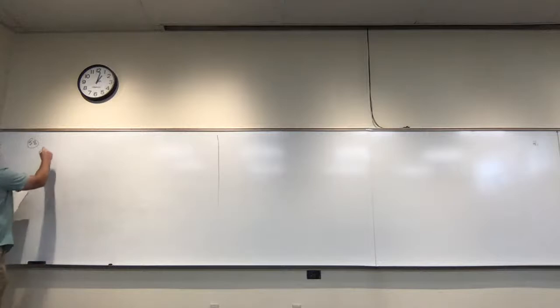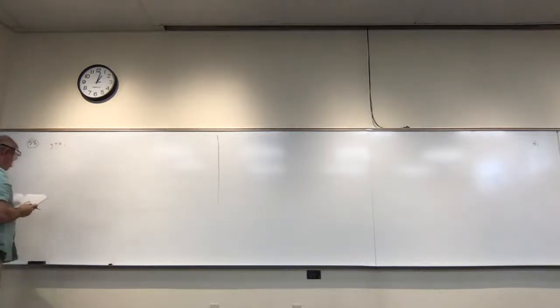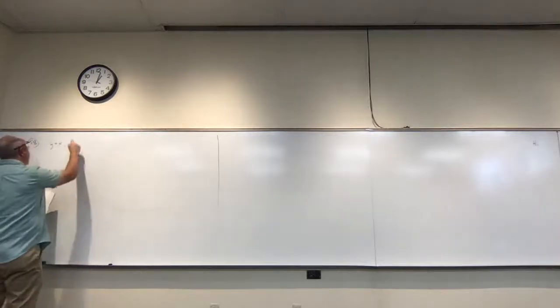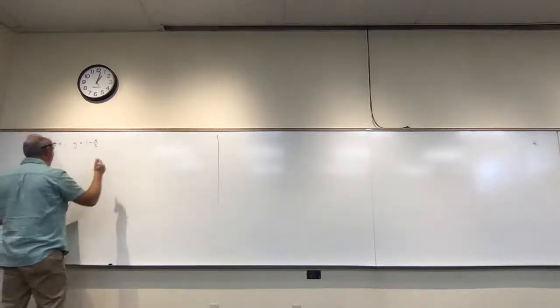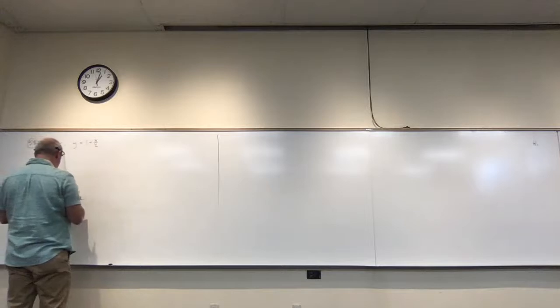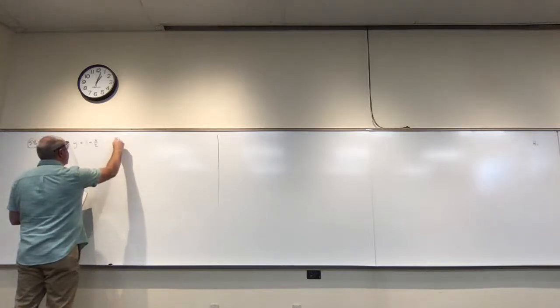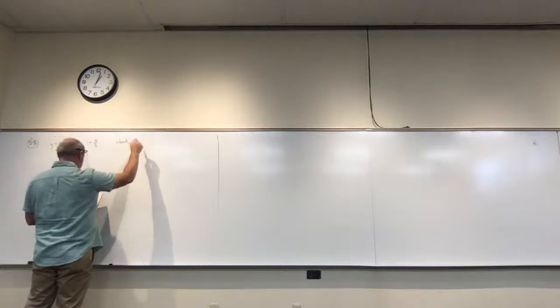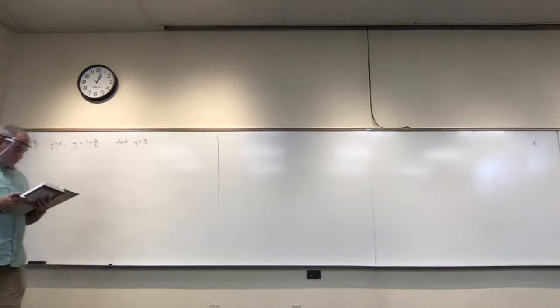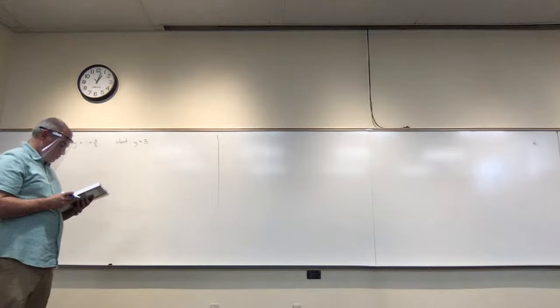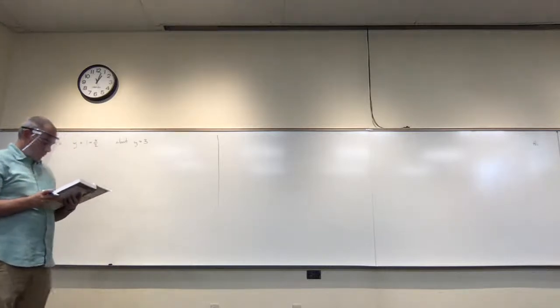So 58 says we've got y equals x, we've got y equals 1 plus x over 2, and we're revolving about y is equal to 3. So y equals x and y equals 1 plus x over 2.